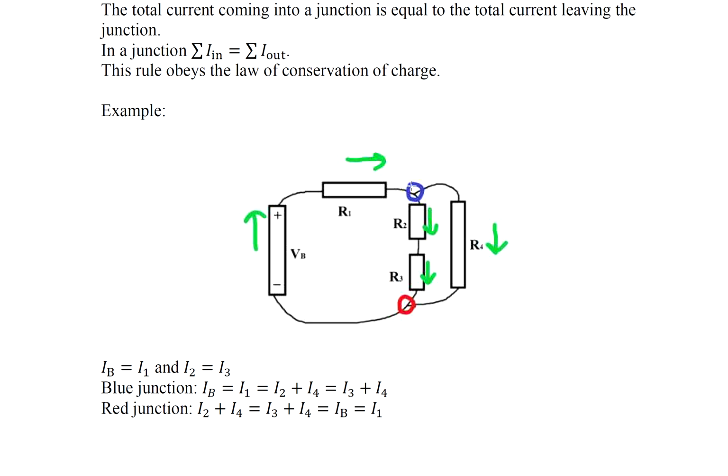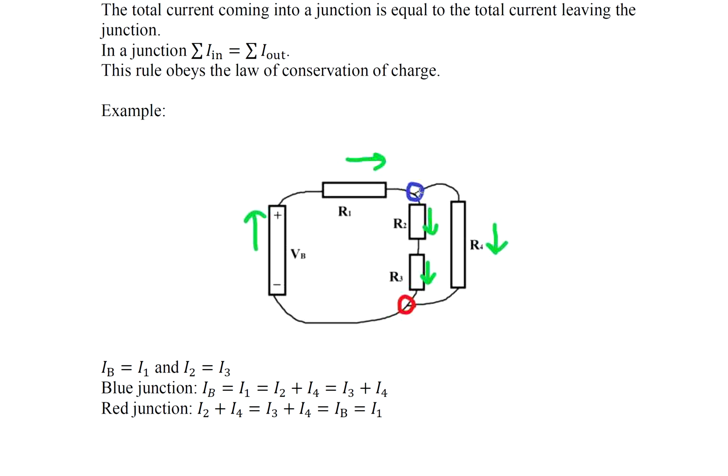So the blue junction tells us I battery equals I1 equals I2 plus I4, or I3 plus I4. And look at the red junction. It's going to be I2 plus I4 equals I battery, or I2 plus I4 equals I1, or I3 plus I4 equals I battery, or I3 plus I4 equals I1.